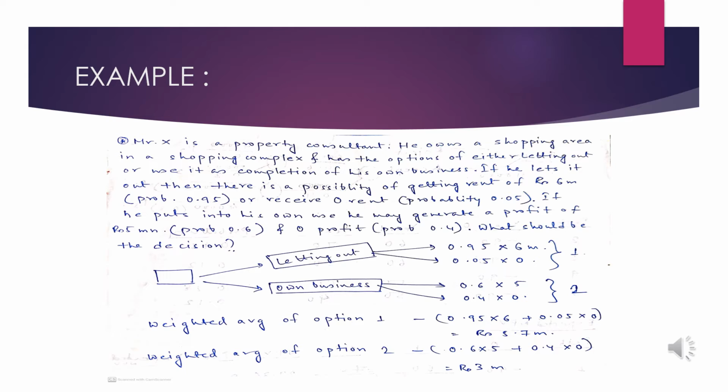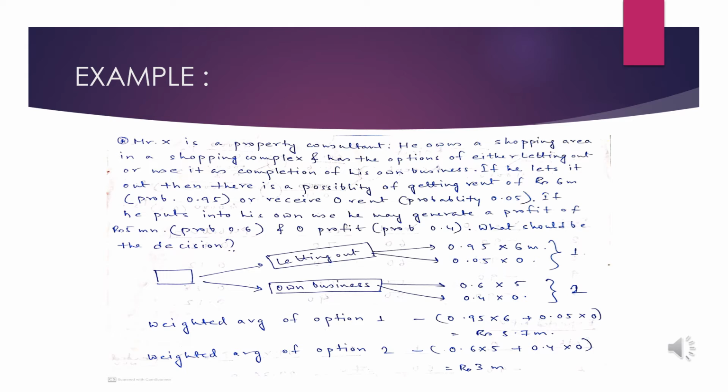Now, as you can see in the diagram, the box I have started off with indicates the decision which needs to be taken. It is divided into two options: either the person lets that place out, or conducts his own business by continuing in that area.